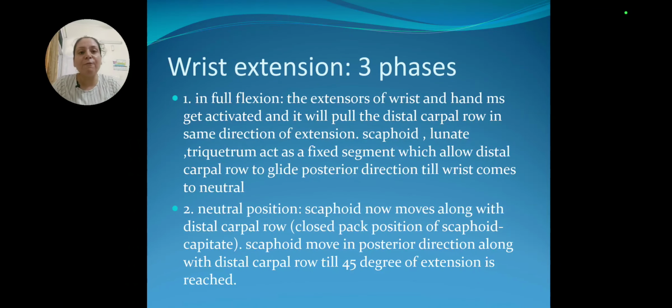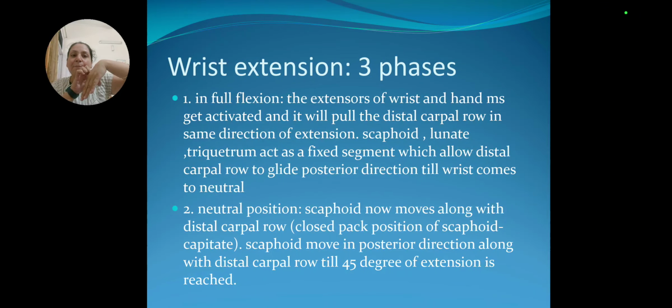I have given you an example for full wrist extension. Let's start with the wrist in full flexion. When the wrist is in full flexion, the extensors of the wrist and hand muscles activate and pull the distal carpal row.